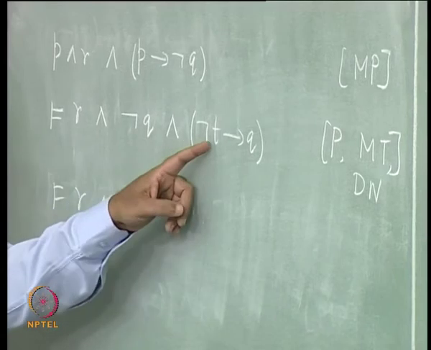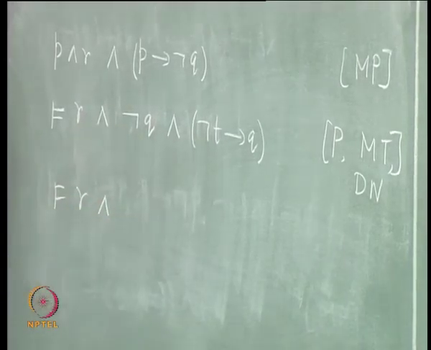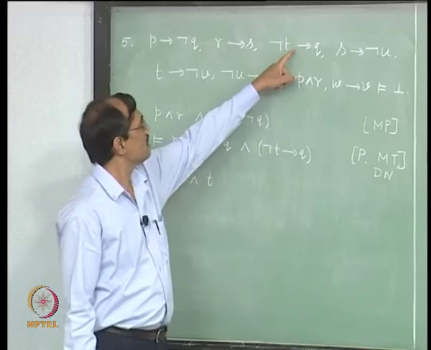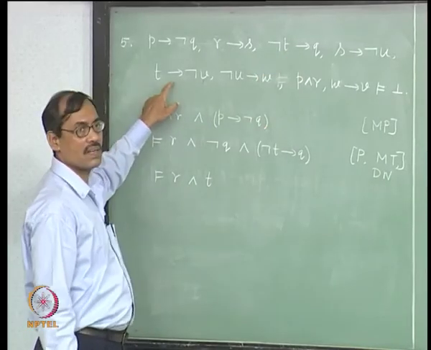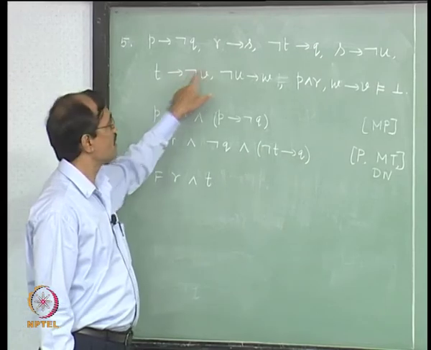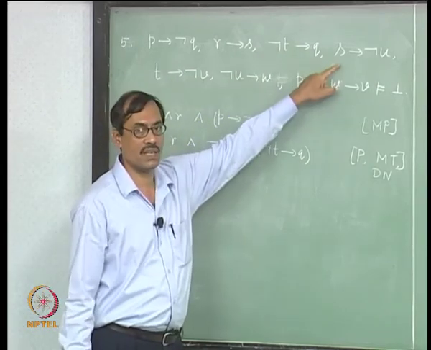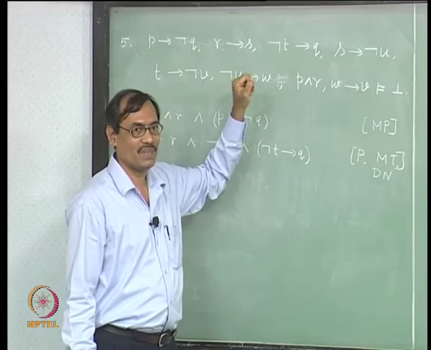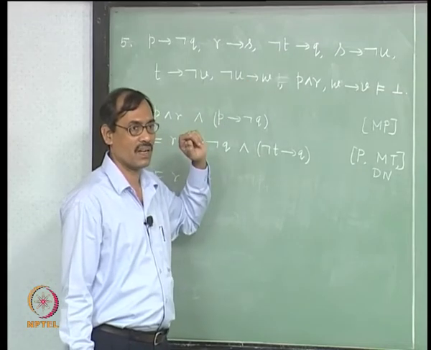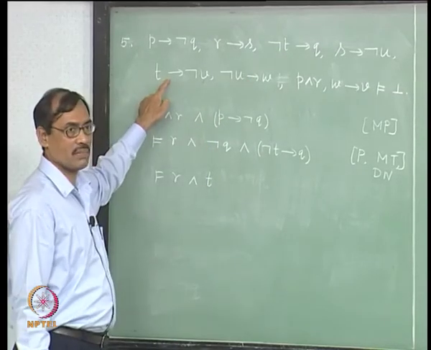Not of not T will be equivalent to T now, fine. With T, which one? This one, modus ponens. Had this not T been on the other side I could have used modus tollens, but it is on the left side. So, I can't use that, but this one I can use by modus ponens.